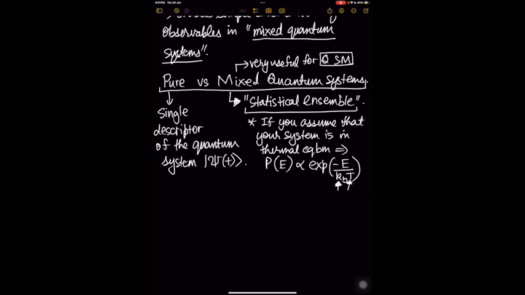Let's say you have a decent temperature such that you have a distribution of quantum systems which you are studying. In this distribution, the complete system would be a mixed quantum system.